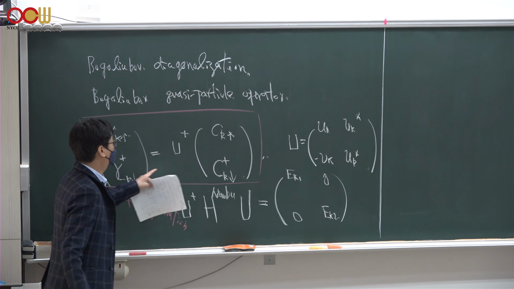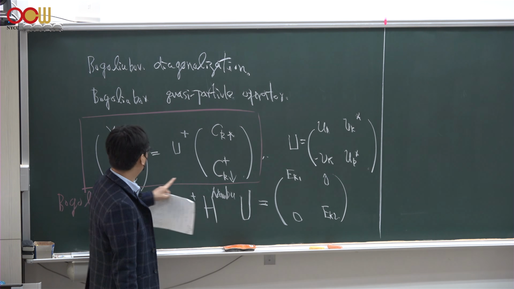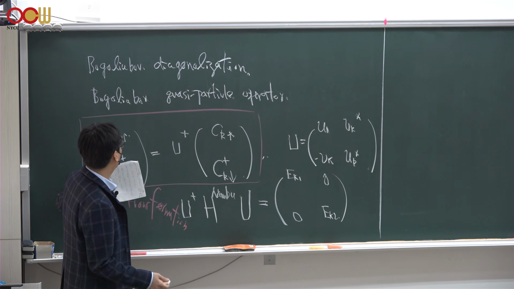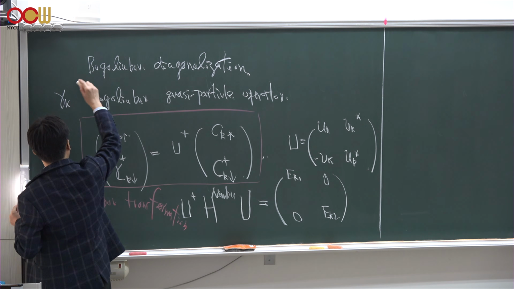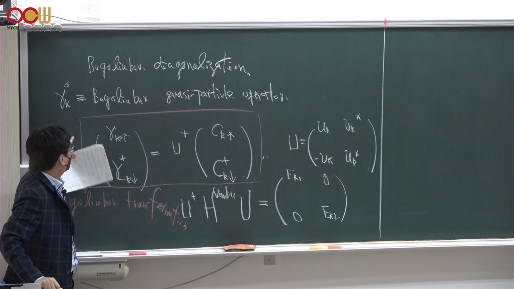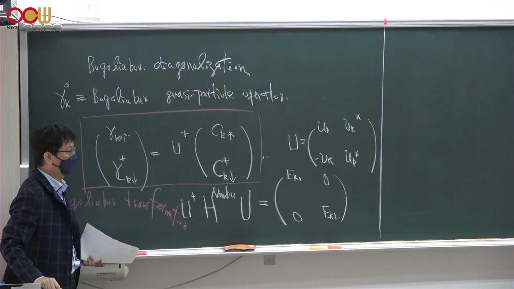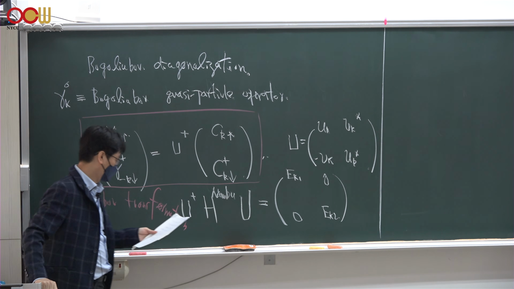It tells you that by forming linear combinations of C and C dagger in the Cooper pair state, we can use the new operators called Bogoliubov quasi-particle operators, gamma_k up and gamma dagger_k down. In that basis, we can diagonalize the 2 by 2 matrix.